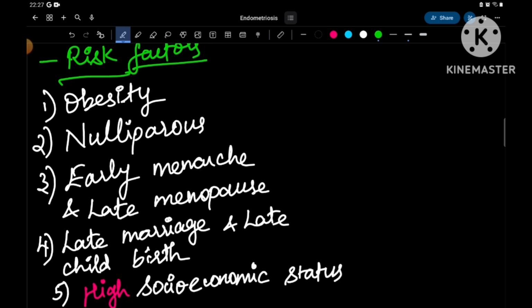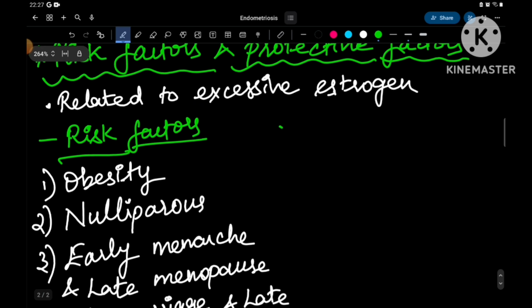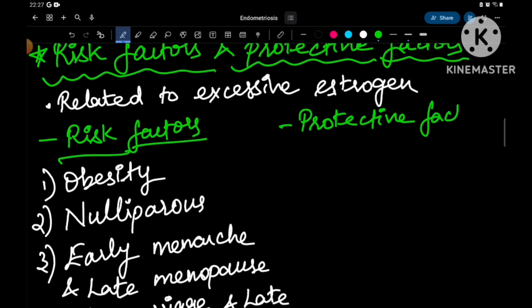Yes. So next, let's go to protective factors. I'll write it here itself. Protective factors. Okay. So what are the protective factors? Number one is multiparity.